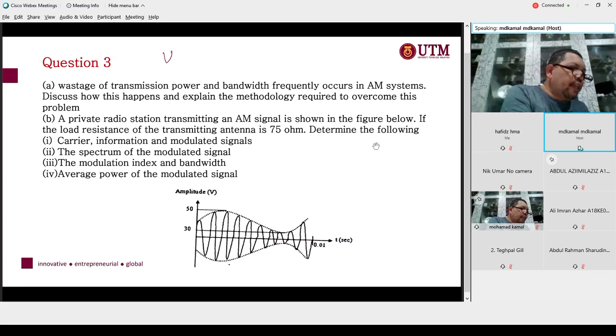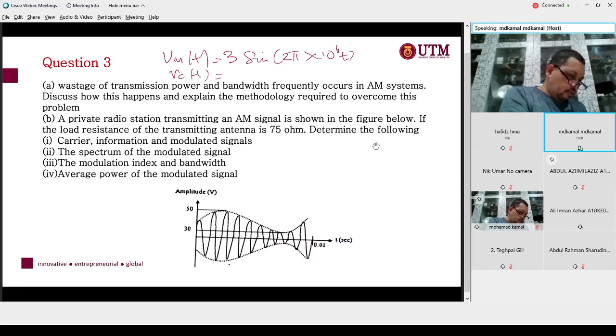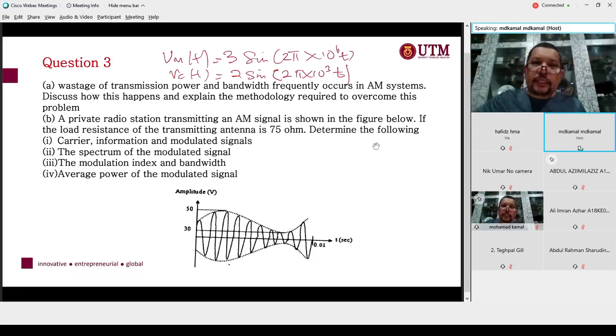Given VM(t) here is equal to 3 sine 2 pi times 10 to the power of 6, VC(t) here is equal to 2 sine 2 pi. Okay. Anybody can give me the answer? You can share with me.